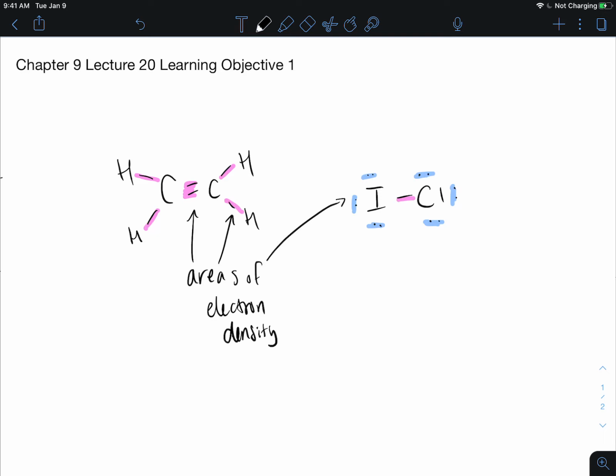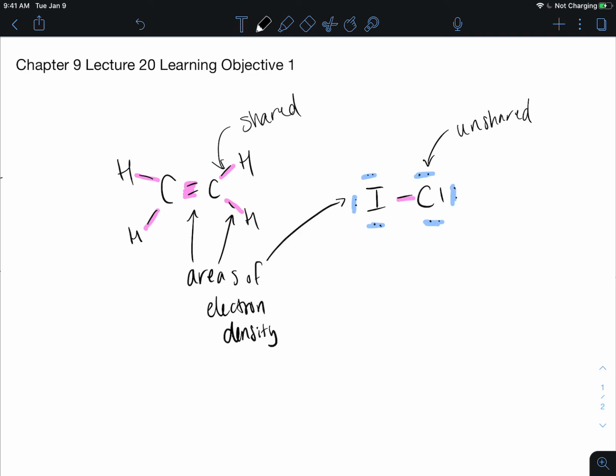And when we're talking about a bond, those are two electrons that are shared between two atoms. And then when we're talking about a lone pair, that's a pair of electrons that are just on one atom, so they're unshared electrons.